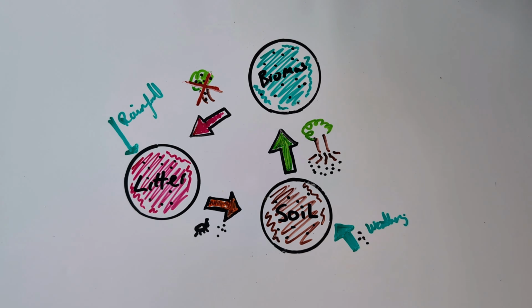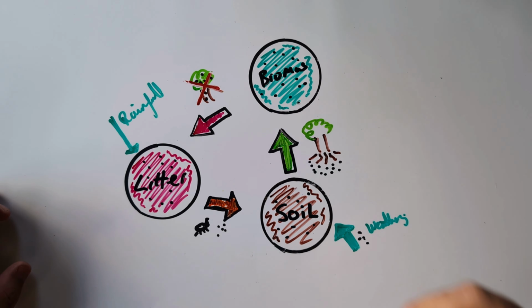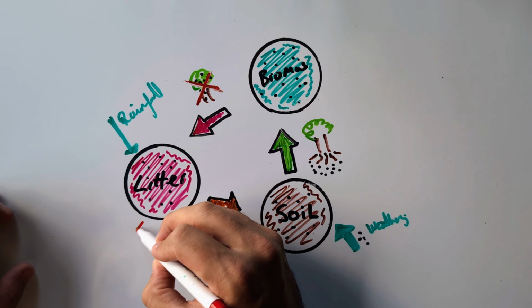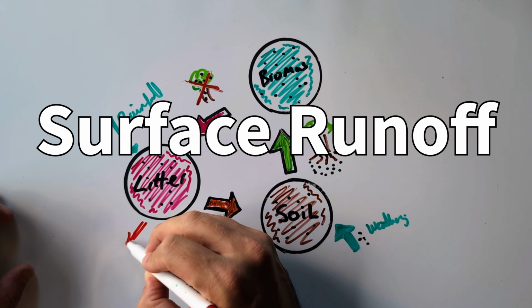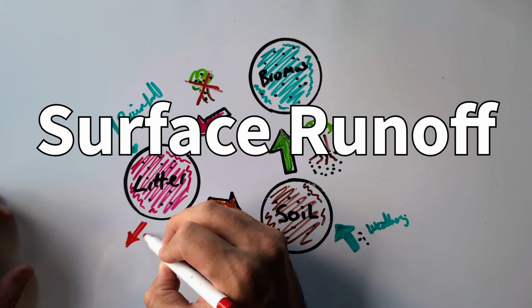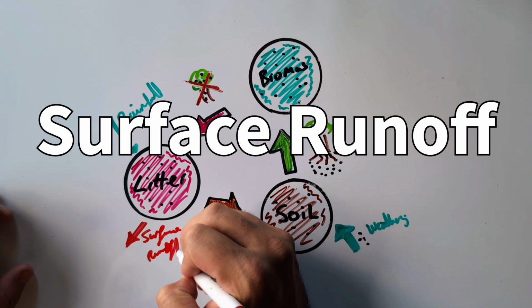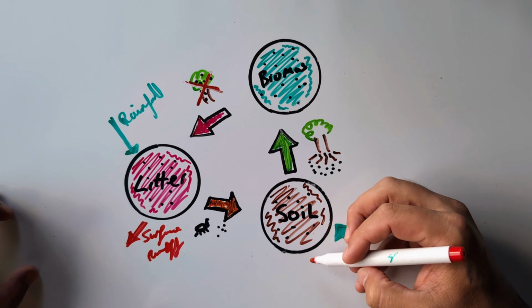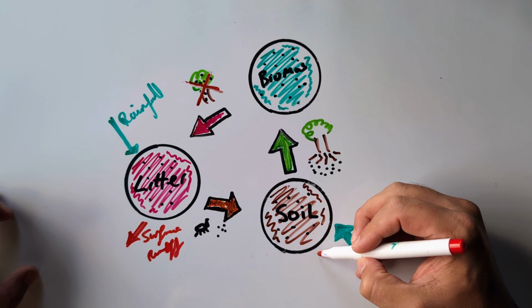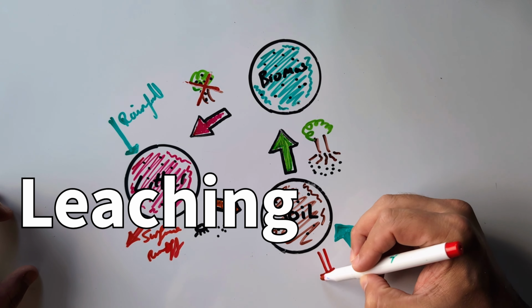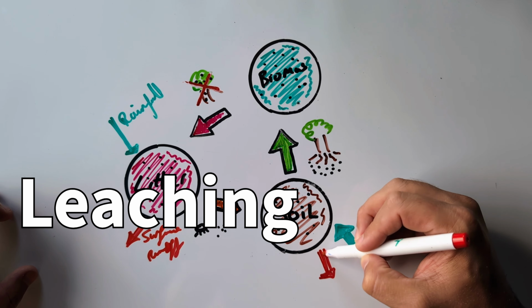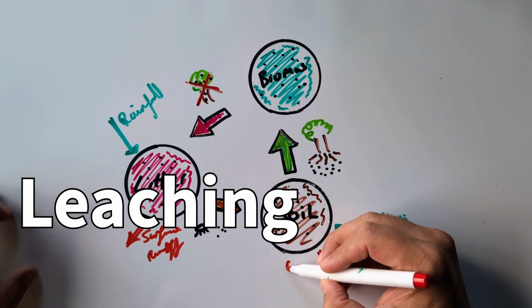And then let's compare it to our outflows. We have surface runoff, aka rivers, and then our other outflow is leaching. Okay, this is often again done through water washing through our soil.